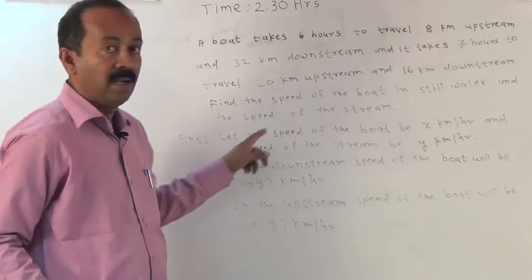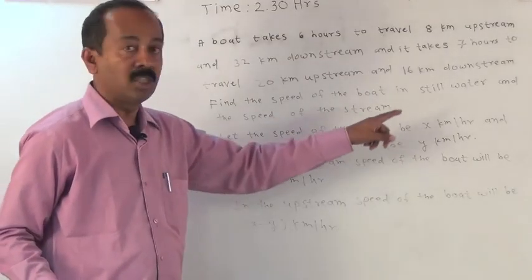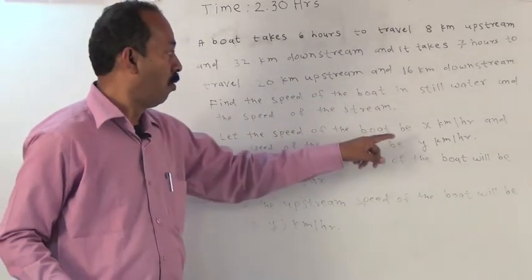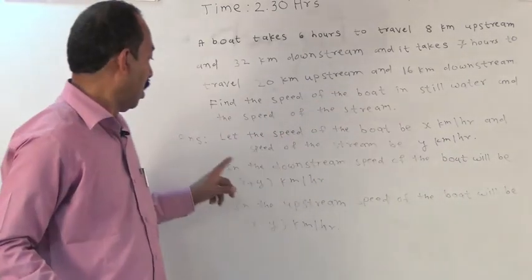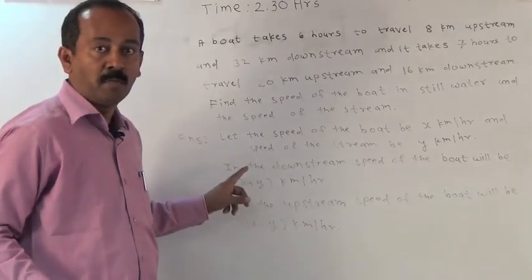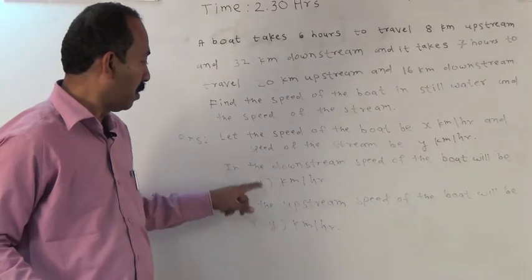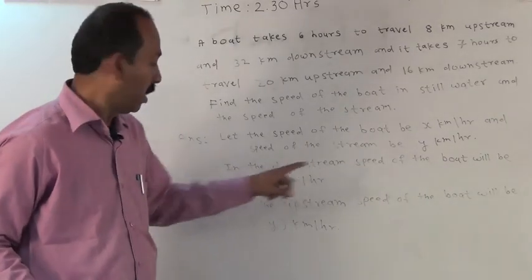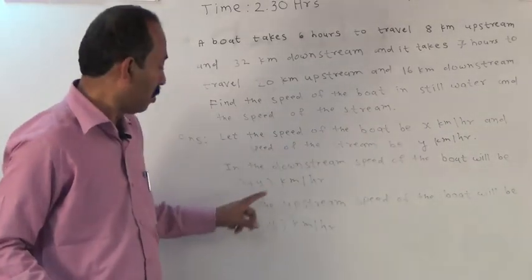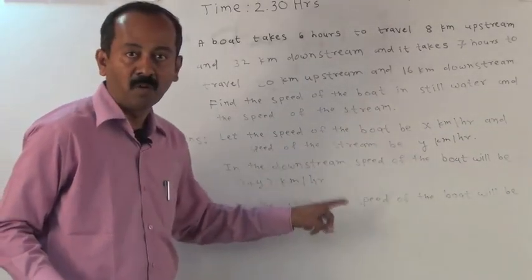Now let the speed of the boat be x km per hour and speed of the stream be y km per hour. In the downstream, speed of the boat will be, we have to add both the speeds, so it becomes x plus y km per hour, and in the upstream, speed of the boat will be x minus y km per hour.